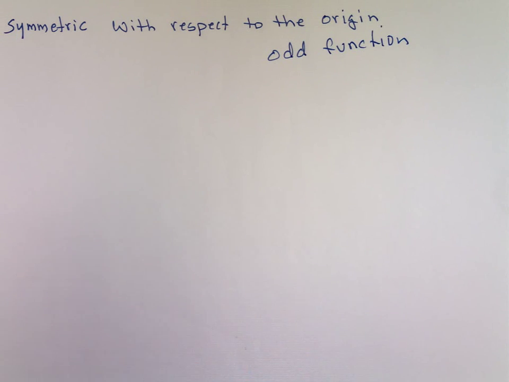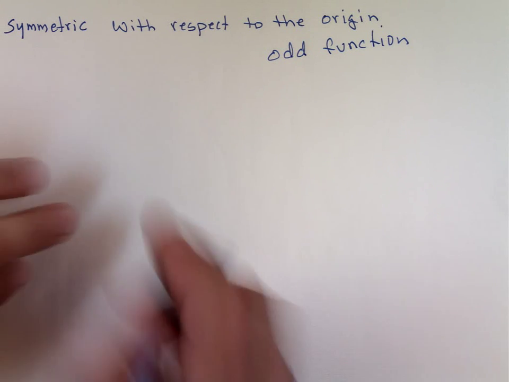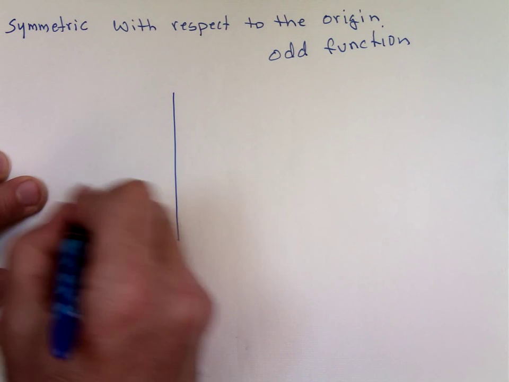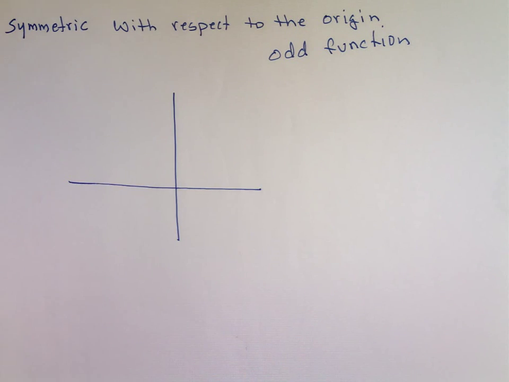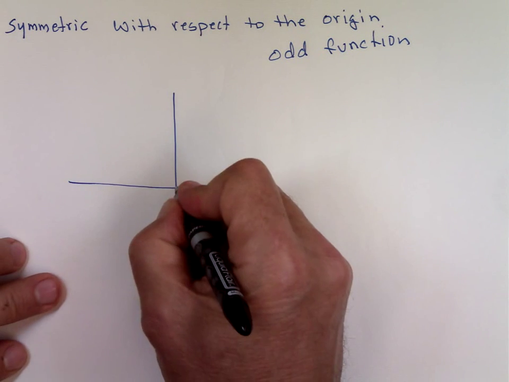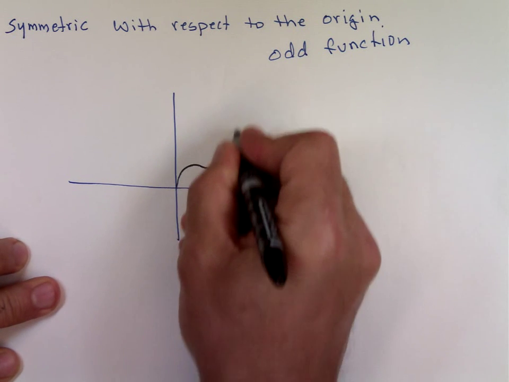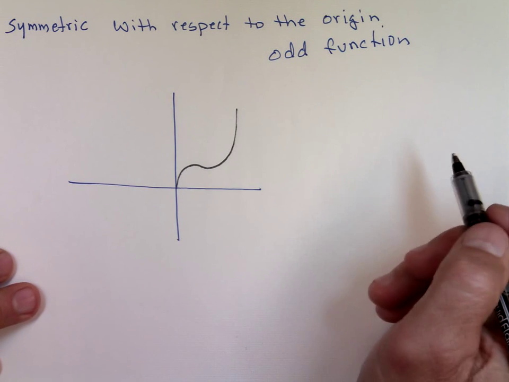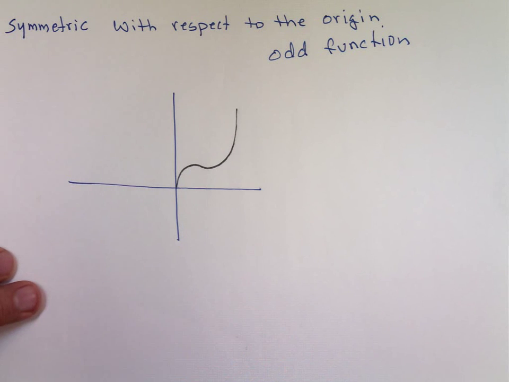An odd function. And if we know the graph on this end looks like this, now to find what the other picture is, you got to do it in 2 steps. I don't have the imagination, so I do it in 2 steps.